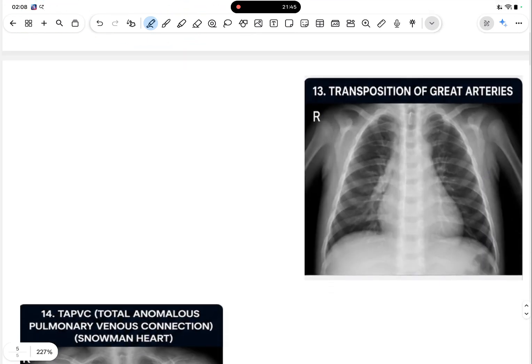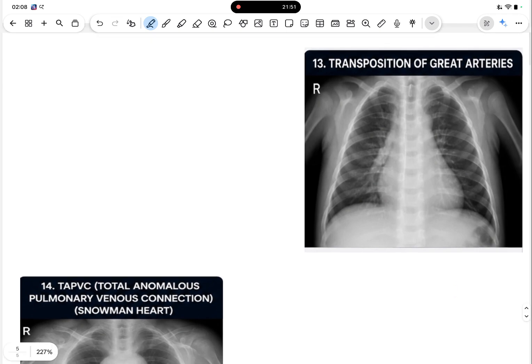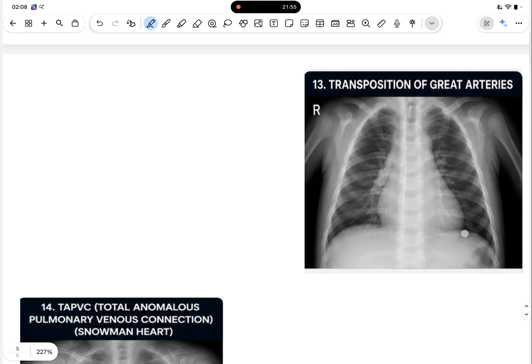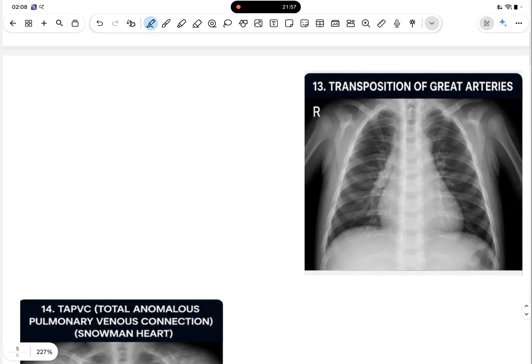Then our next X-ray is transposition of great arteries. It is also an example of congenital heart defect. It is mainly a pediatric X-ray. So, transposition of great arteries. The cardiac shadow appears like an egg on a string. If we hang an egg, it appears as an egg on a string appearance.